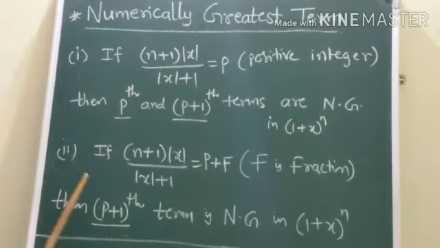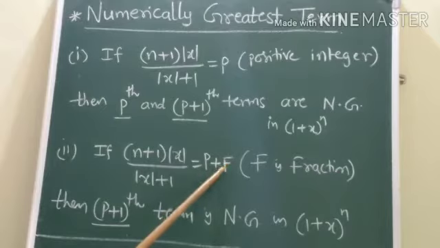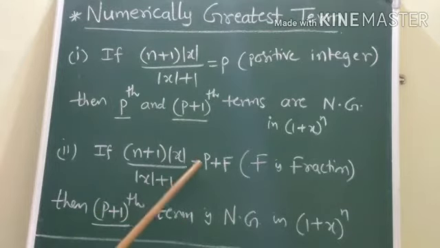In the second case, if (n+1)|x| / (|x|+1), the same value, is in fractional form, that is p + f, where p is a positive integer and f is the fractional value, then we consider only the p value and take the (p+1)th term.